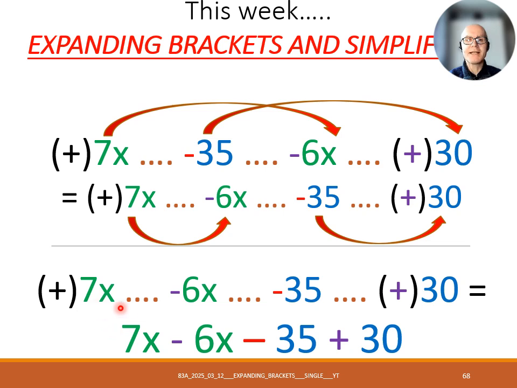Positive 7x and negative 6x, change that to 7x subtract 6x, and negative 35, change that to subtract 35, and positive 30, change that to add 30. So next step we're going to work out is what is 7x minus 6x minus 35 plus 30?